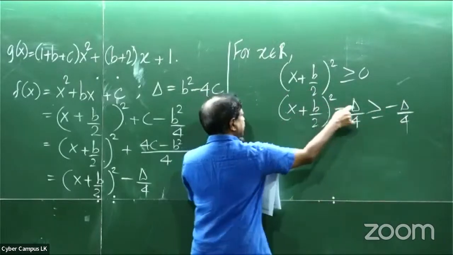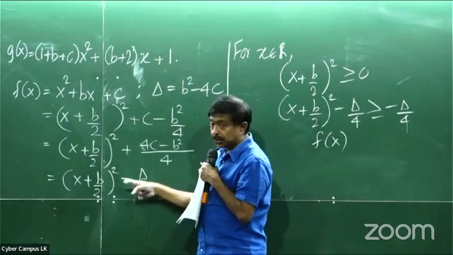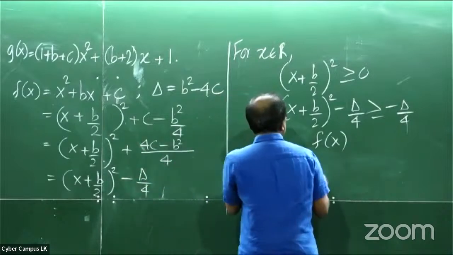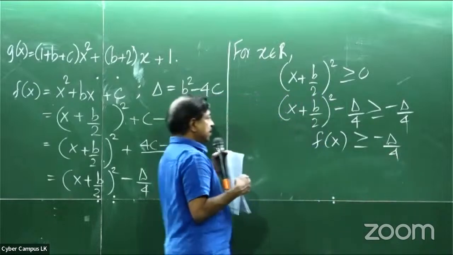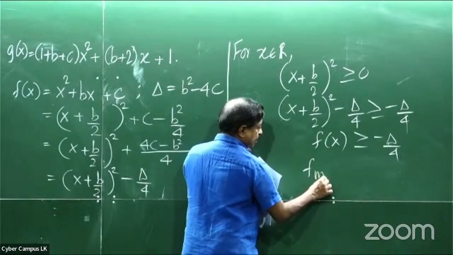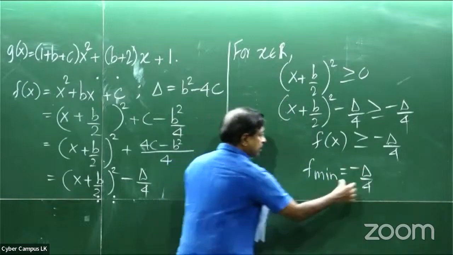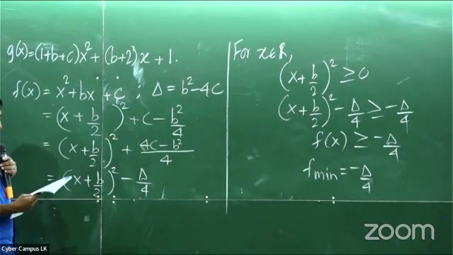Now this is fx, because we have shown that fx can be expressed in this form. Therefore, this is greater than or equal to this. That means the minimum value of fx is this. Right? So we are done with that.